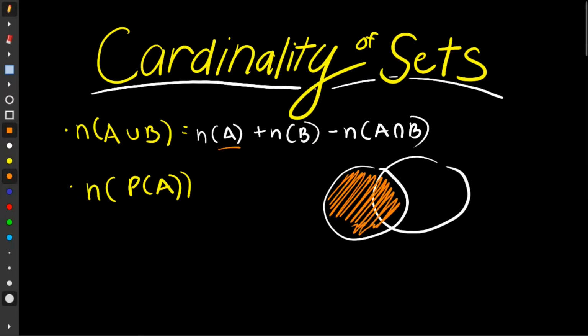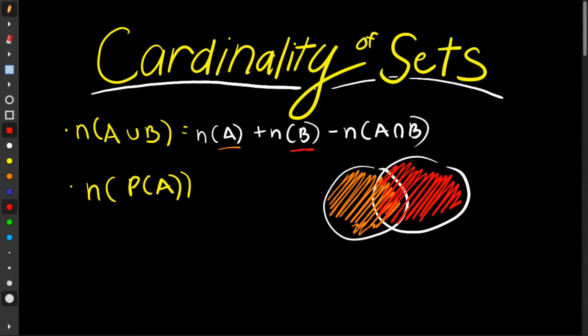This is A. And using red for B, this would contain this part. Now, as you can notice, the part in the middle was counted twice, since it has the orange part and the red part. That's why this one is needed for sets that aren't mutually exclusive.